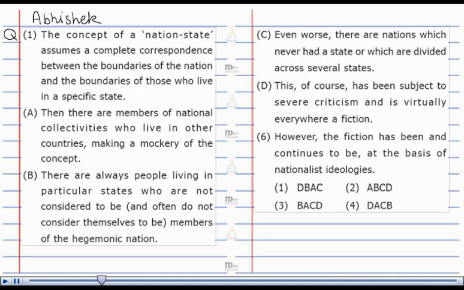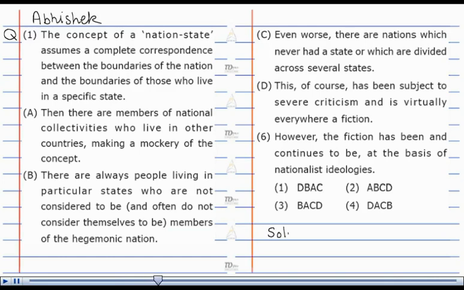C. Even worse, there are nations that never had a state or which are divided across several states. D. This, of course, has been subject to severe criticism and is virtually everywhere a fiction. 6. However, the fiction has been and continues to be at the basis of nationalist ideologies.